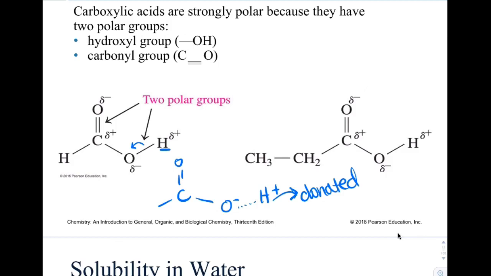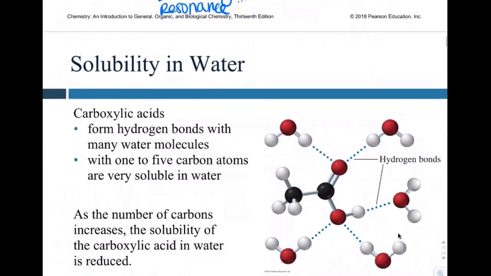So can I not move this double bond down here and have double bond character on both of these? You actually do that. And so this is really stable because it has resonance. And so it's not a big deal if that hydrogen ion leaves, because the leftover part, the conjugate base, is really stable.